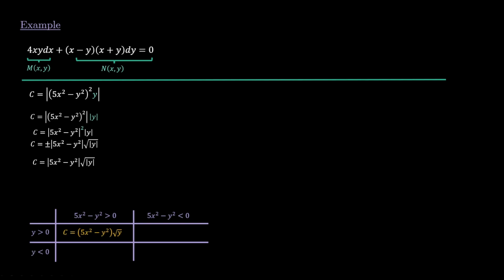So first case becomes this, where we have positive and positive. So just multiply a plus 1 and a plus 1 inside here. Second case, we have negative and we have positive. So we get this, where we multiply a negative 1 inside the radical. And following this logic, we can get the remaining 2 cases. And this is how we will build our curve, by looking at these 4 cases.